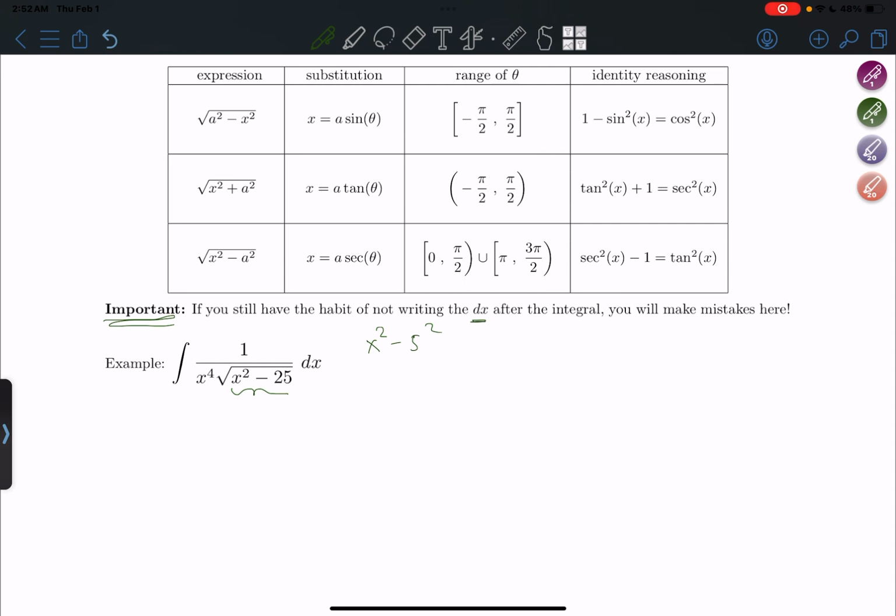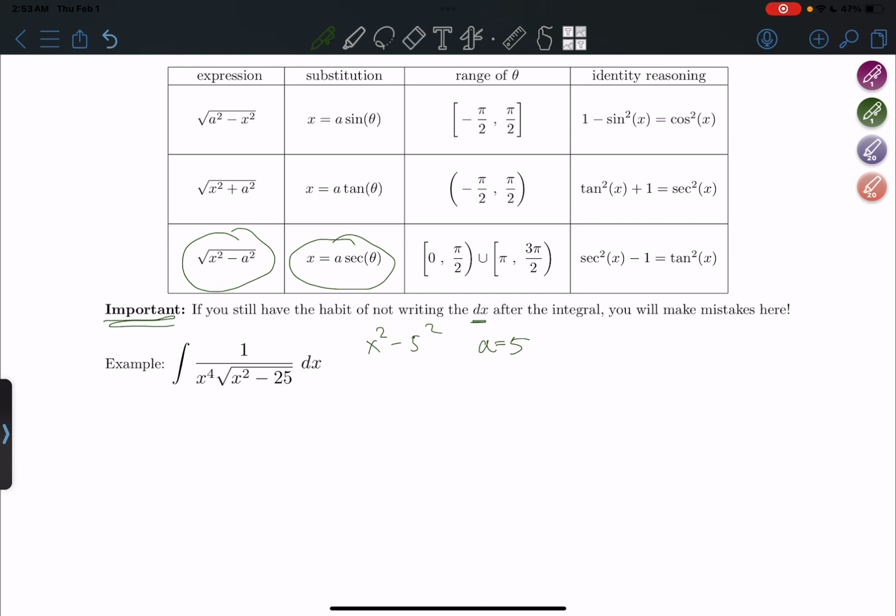Function squared minus number squared, and more specifically the number is 5. A is equal to 5 here. So I know I'm using this case, which means I'm using the substitution x equals a secant theta. That's all I need to identify which type of substitution I'm using.